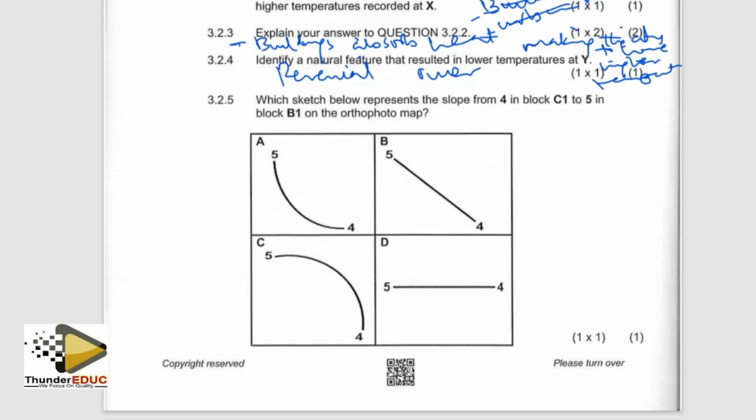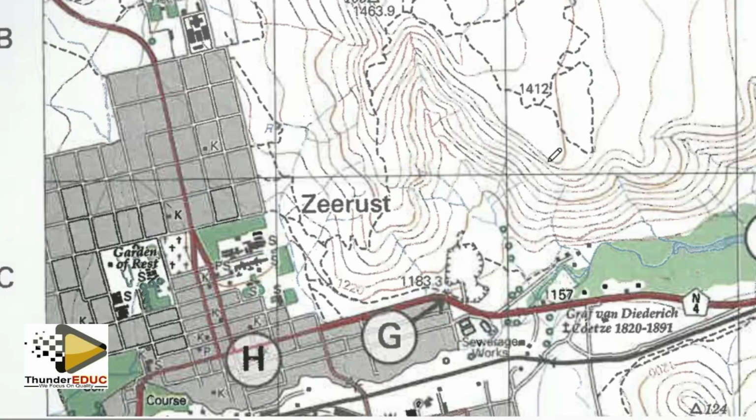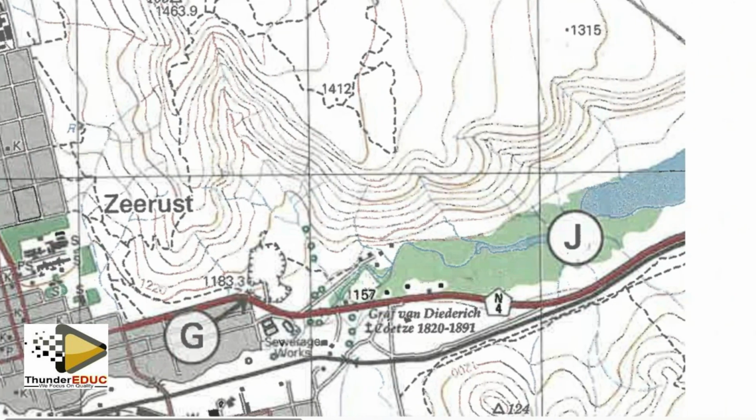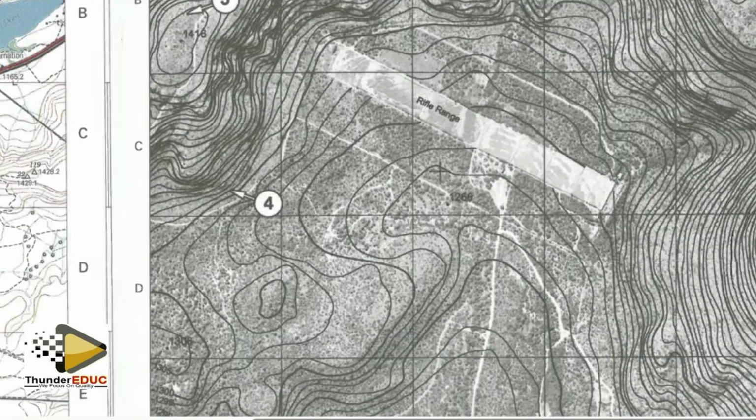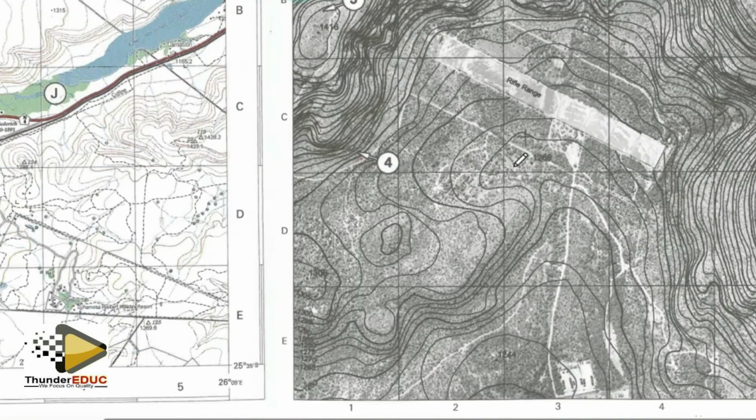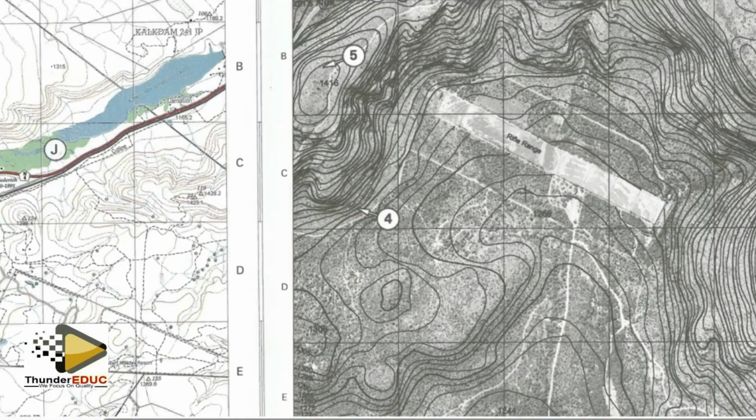Okay. Next thing is which sketch below represents the slope from 4 in block C1 to 5 in block B1 on the orthophoto map. So we come to the orthophoto map here.